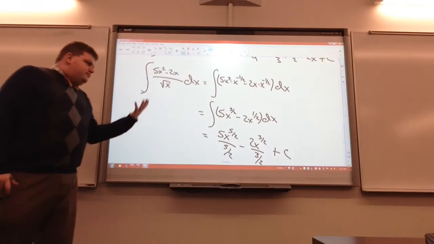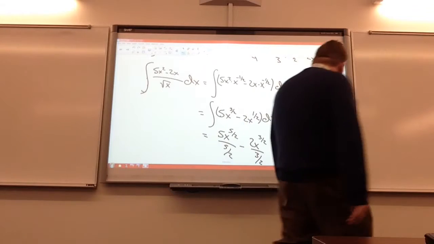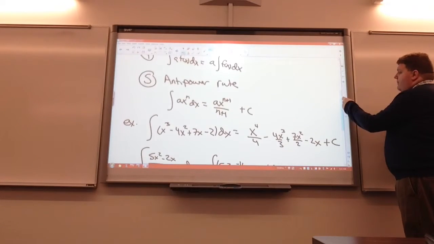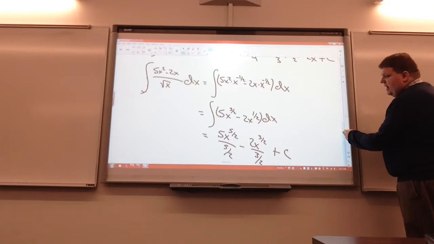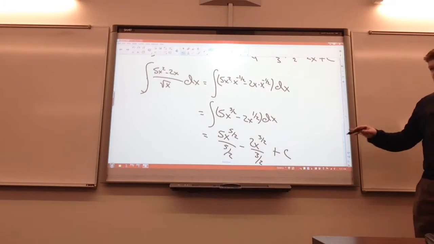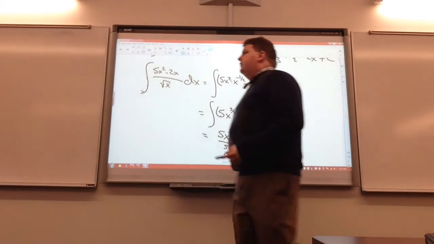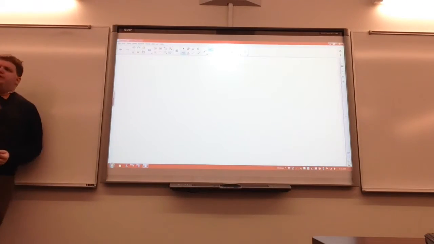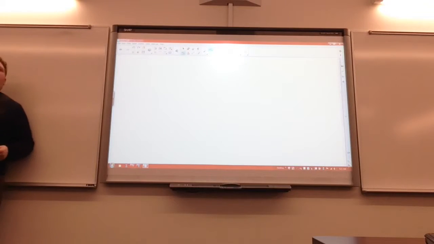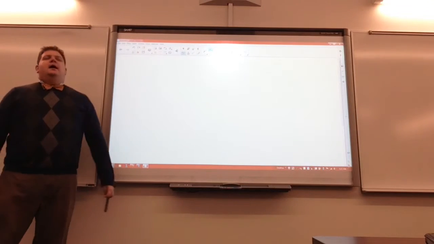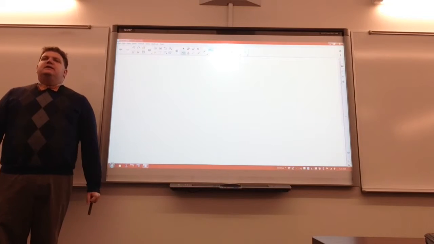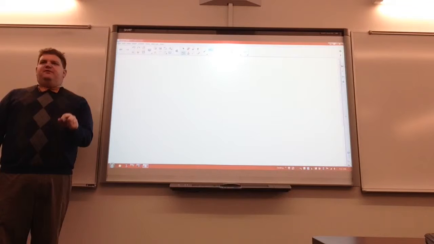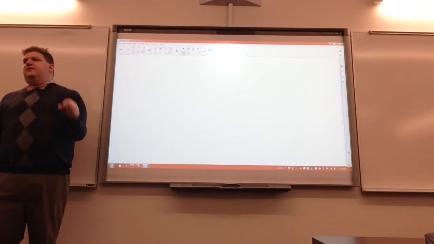So, basically that's all there really is to this anti-power rule. We're going to learn some other rules later on, but for starters, we'll stick with that. Now we're going to look at a few special integral rules, and what these really are is, again, just hammering home that when you're doing an antiderivative, you're saying, I've got a function that's a derivative, what is it the derivative of?